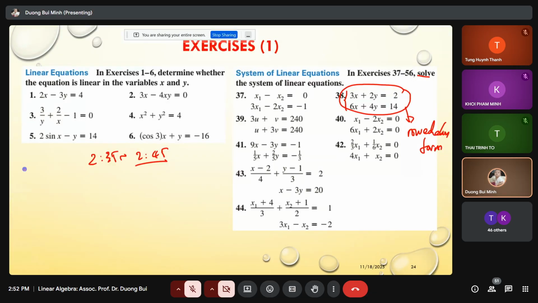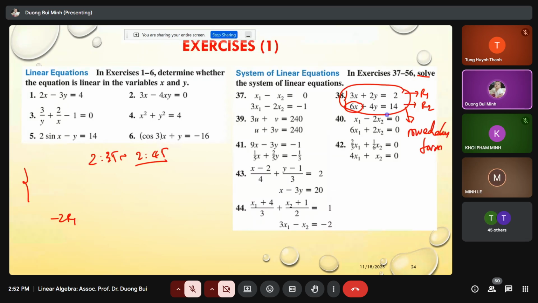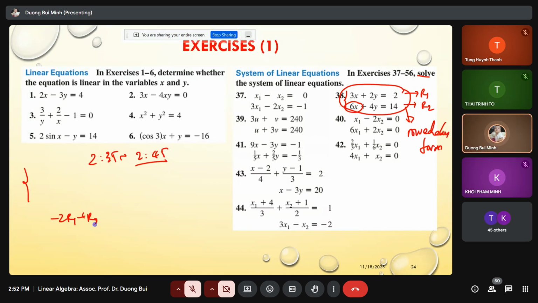Okay, so now we say this one is R1, this one is R2. So we try to delete 6x. That means I apply the third rule, right? We have minus 2 times R1 and then plus R2, replace into R2.